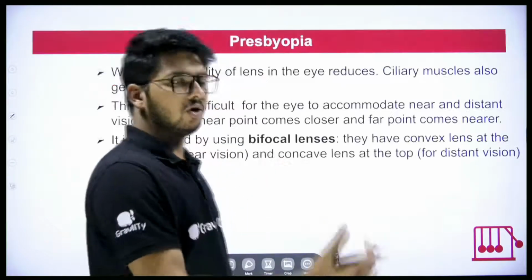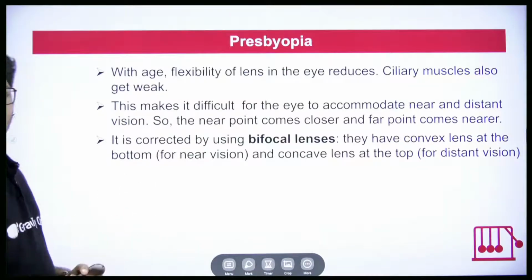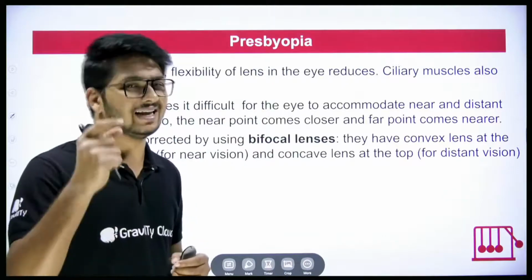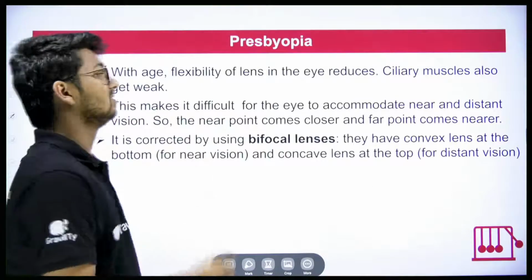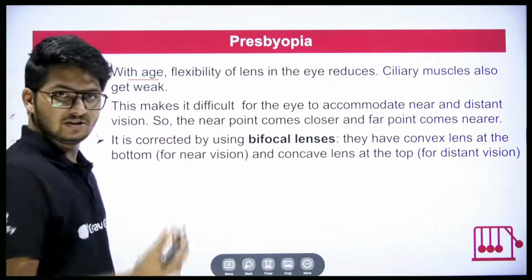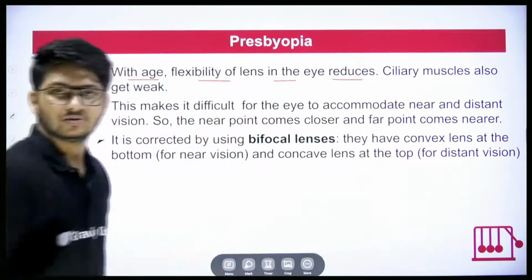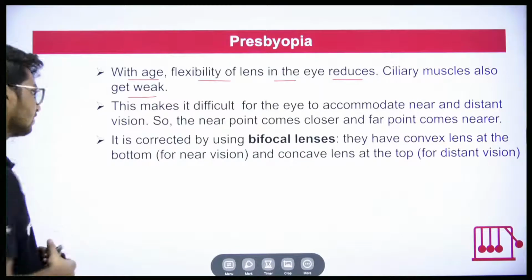As you grow old, that flexibility reduces. It could be because of the ciliary muscles or the eye lens itself, but with age the flexibility of the lens decreases, and the ciliary muscles also get weak.